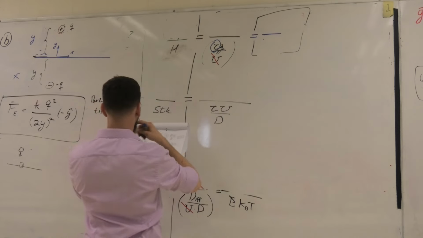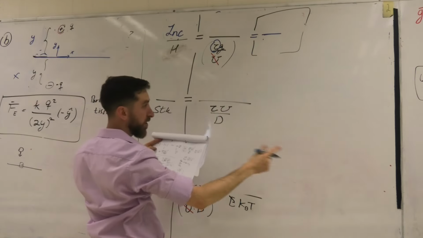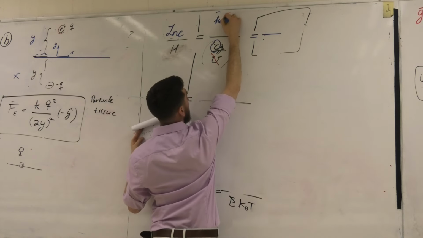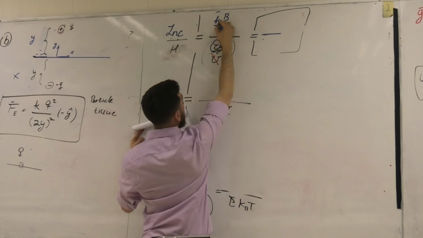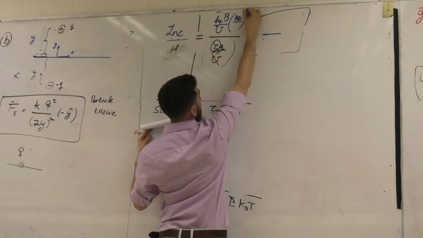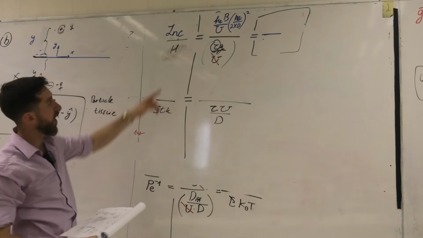So if we put image force versus H, what are we going to get? It's Ke, B the mobility, divided by U, multiplied by the charge, E squared divided by the distance, right? That's what we have.